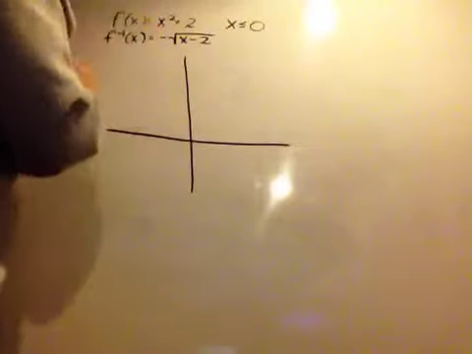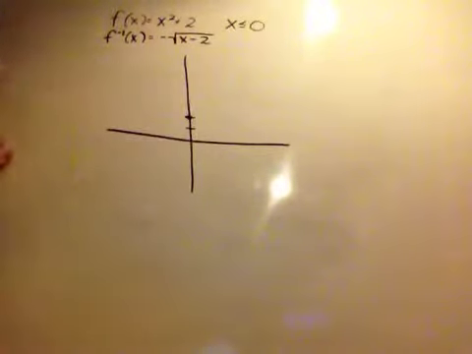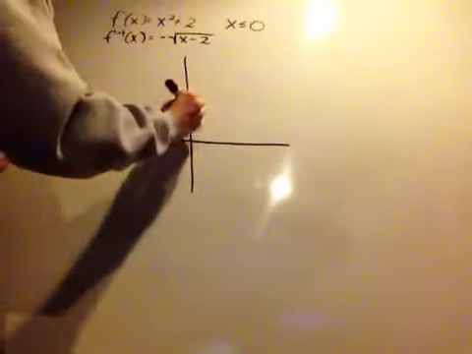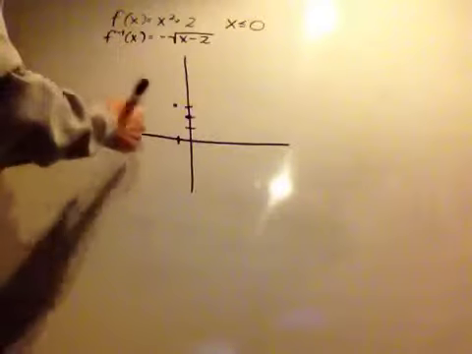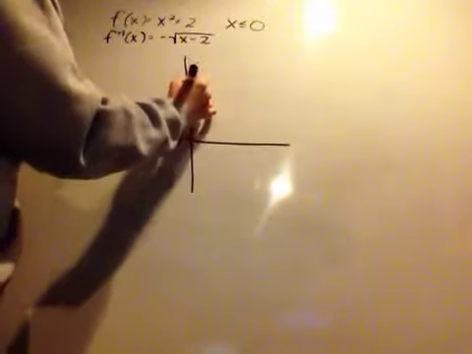So graphically, f of x, we have a y-intercept of 2. When we put in negative 1, we are up at 3. You can also graph this on your calculator, but only look at the values of x that are less than 0. If we put in negative 2, we are up at 6.